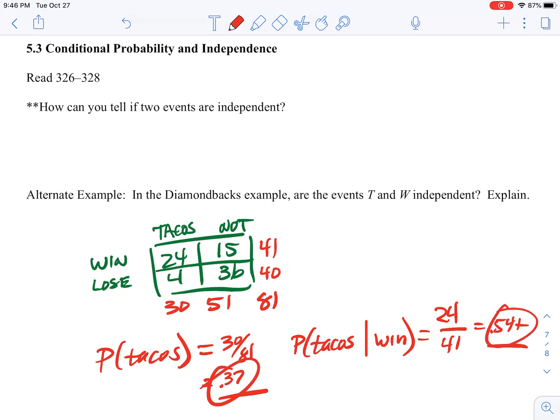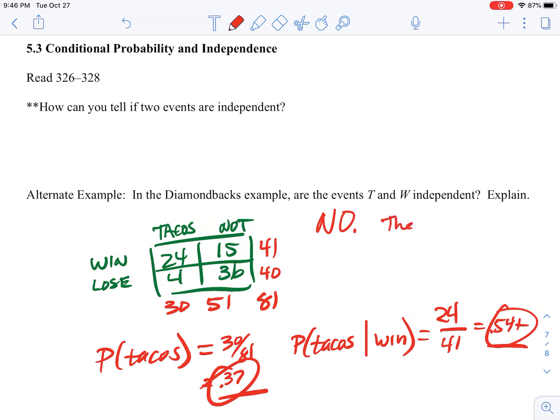Clearly, these are not independent. When the Diamondbacks won baseball games, they had a much higher chance of getting free tacos for their fans than the overall rate, or even just when they lost. So this would be a clear no. Are they independent?